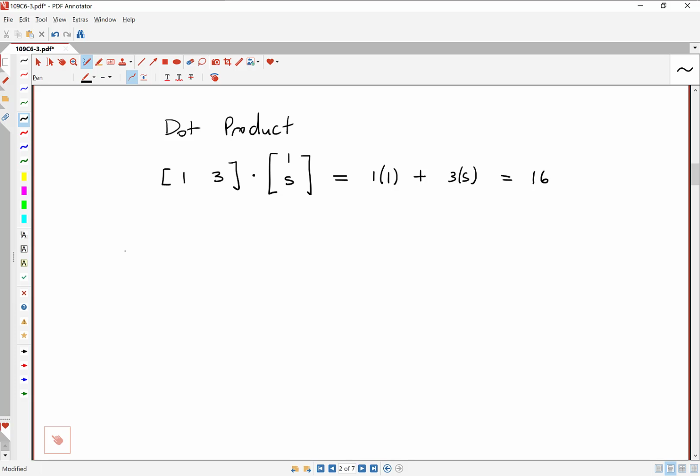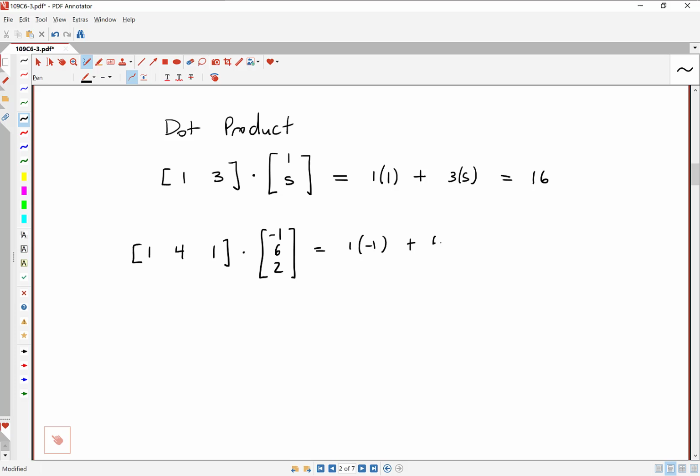Okay, we could get even better practice if we took a row that was a little bit bigger. So we could do the row 1, 4, 1, and now we'd be dotting it with a column that has 3 numbers in it, let's say -1, 6, 2. And so the way the dot product works, you multiply the first pair of numbers together, 1 times -1. You add on the product of the second pair.